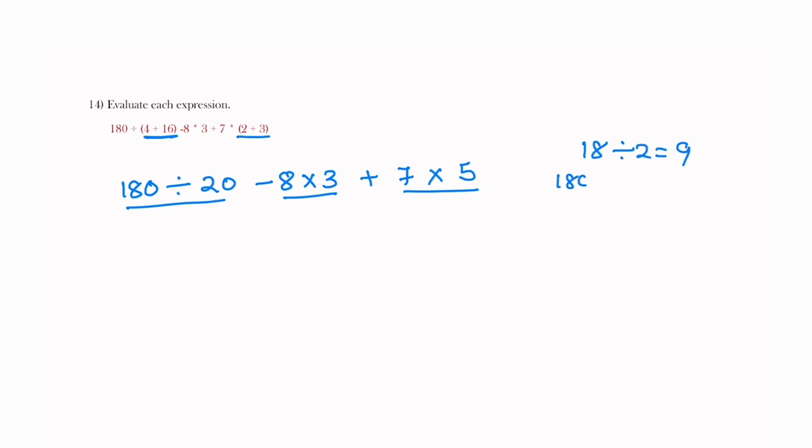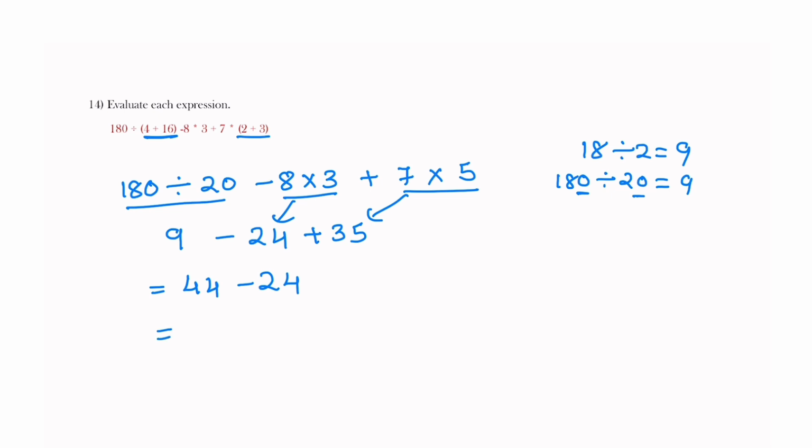So 180 divided by 20 will also be 9 because we have 0 and 0 here. So that's 9 minus 24 plus 35, right? 24 from here and 35 from here, which is equal to, let me get my positives together. 35 plus 9 is 44 and minus 24 over here. And that leads to 20.